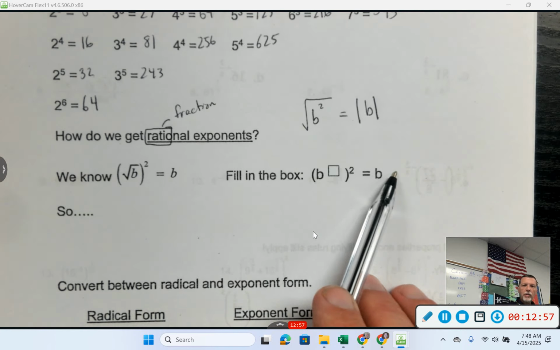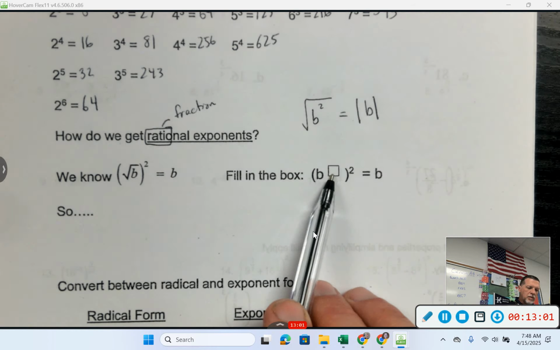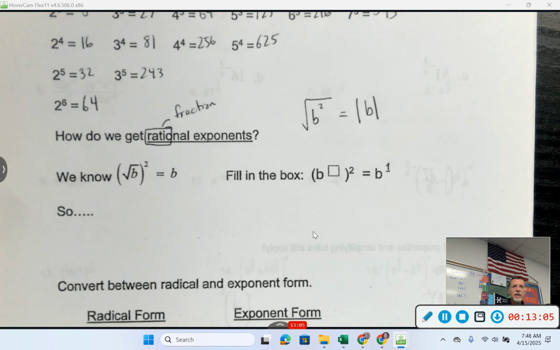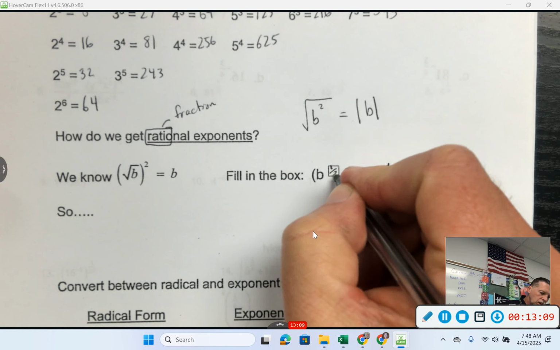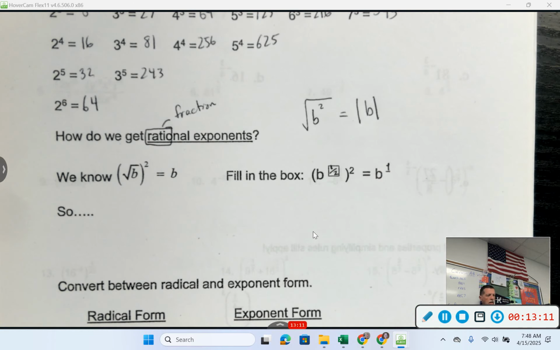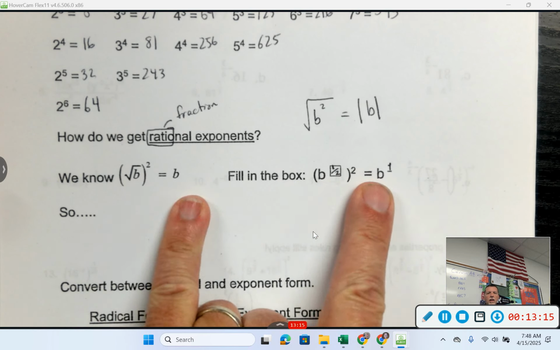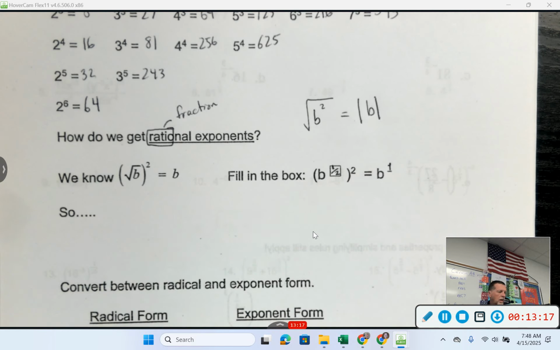Okay, power to a power we multiply. So what would need to be in this box if we multiply those two things to get 1? 1/2, right? 1/2 times 2 is 1. So now look at those two things. They both equal b.